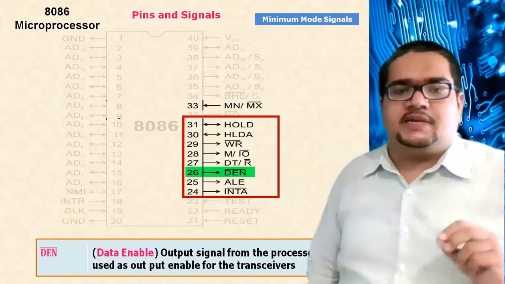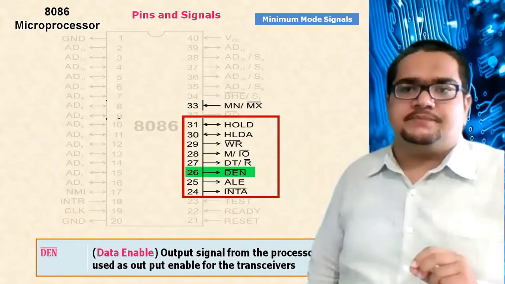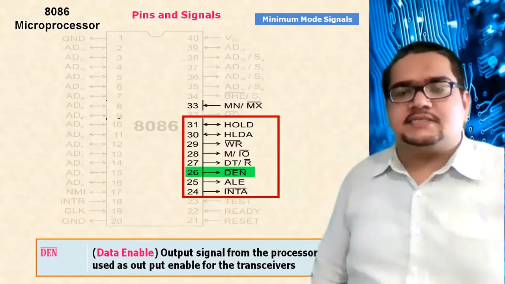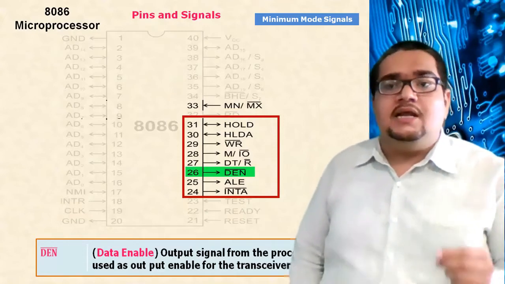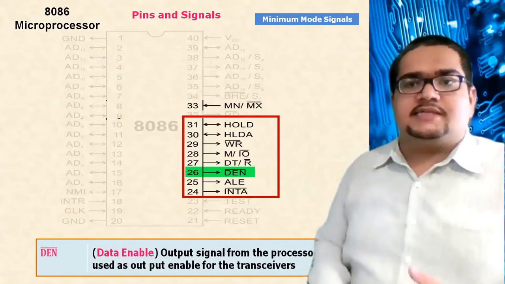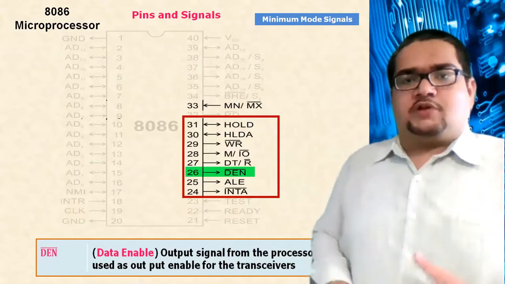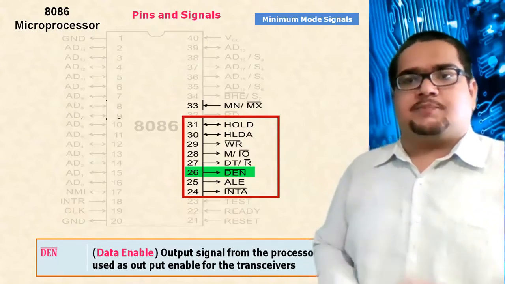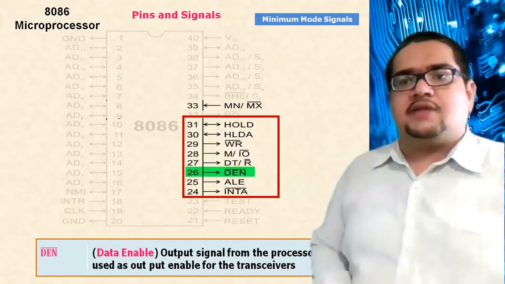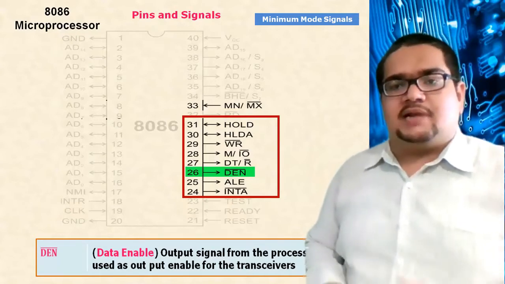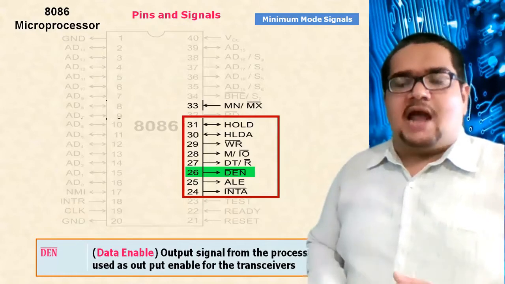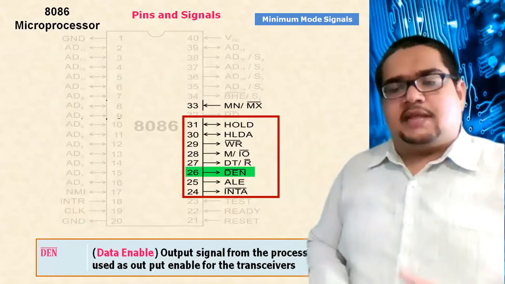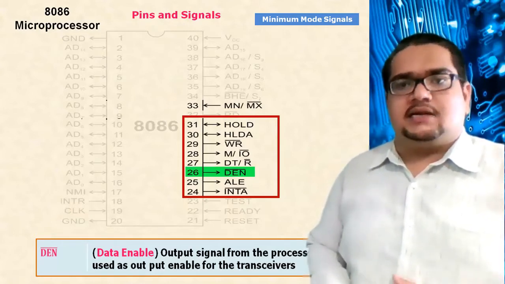these two signals, pin number 26 and 25, are used. Pin number 26 is used for enabling the buffers available inside the processor system. When I say processor system, it's a computer where the processor is there, memory is there, IO devices are there, and there are some latches and buffers available for temporary storage of the data and addresses.